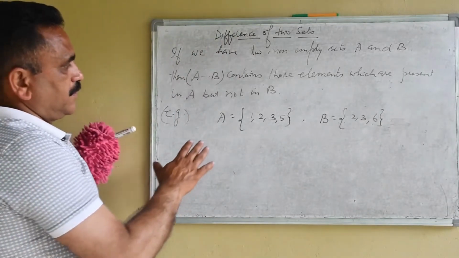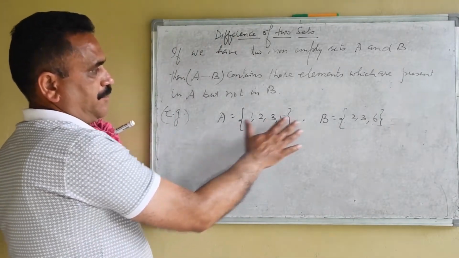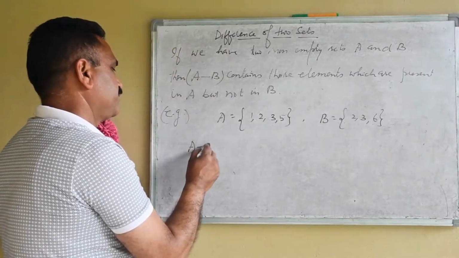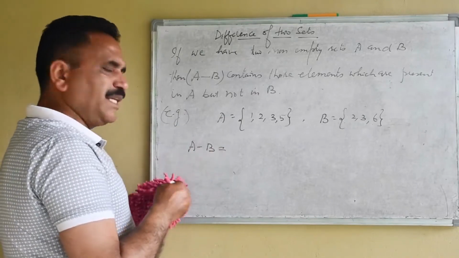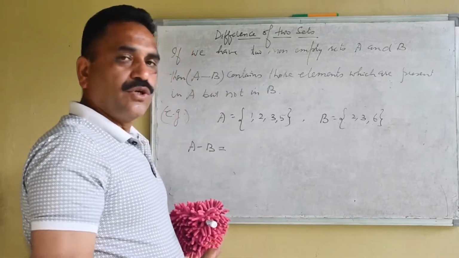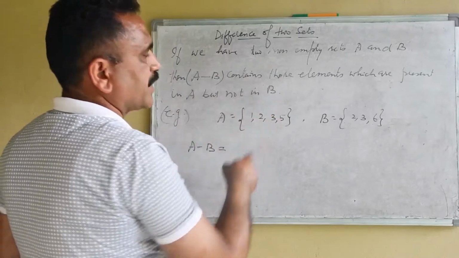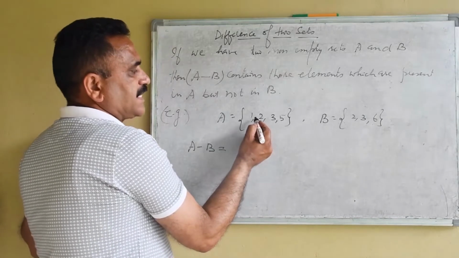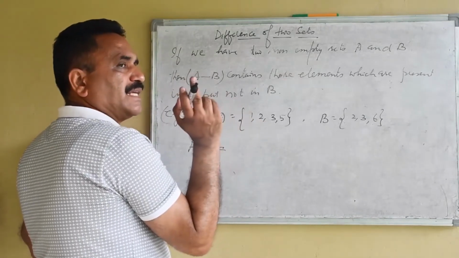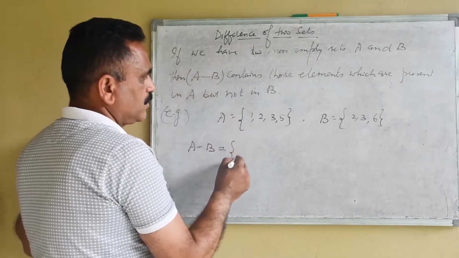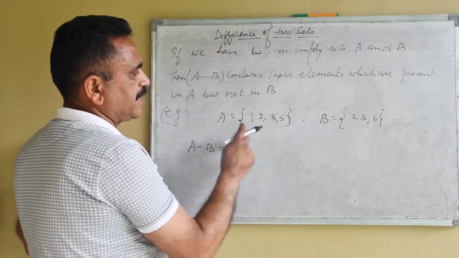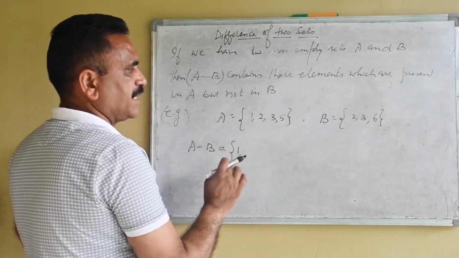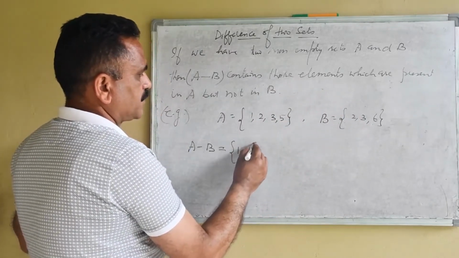Okay. अब इसमें इस दूसरे सेट को हमने पहले सेट से घटाना है, A minus B. What will be A minus B? The elements which are present in A but not in B. ऐसे एलिमेंट जो A में है लेकिन B में नहीं है, तो कौन कौन से हैं वो? एक A में है, B में नहीं है, 2 B में भी है, नहीं लेना है, 3 B में भी है, नहीं लेना है, और 5.